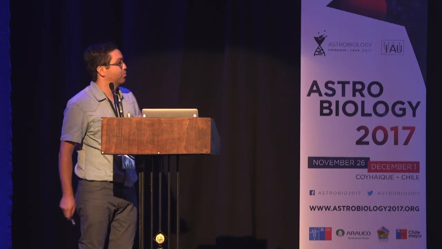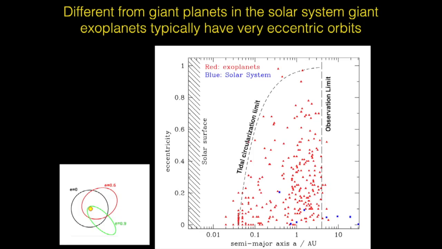So let's give another look at the orbital configuration of giant planets in extrasolar systems. Here this plot shows semi-major axis versus eccentricity of gas giant exoplanets. The blue points here are the solar system planets, and each one of these triangles is one exoplanet.